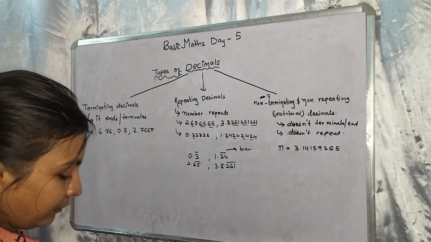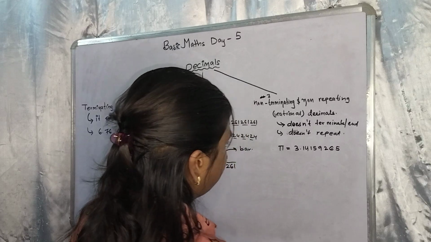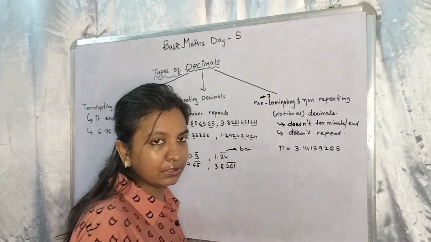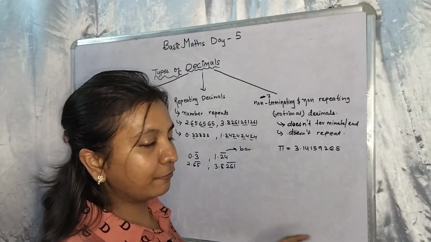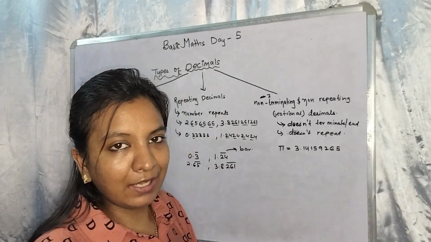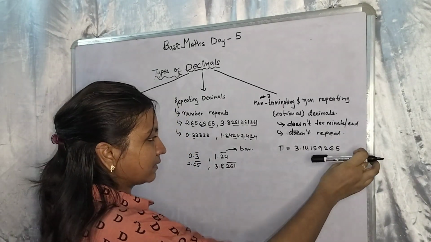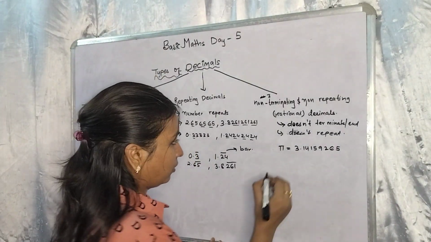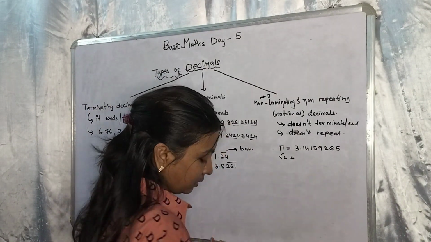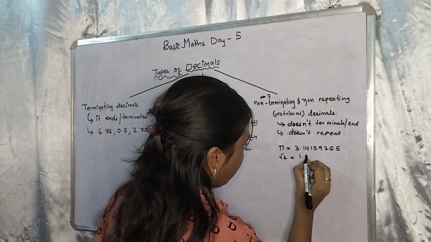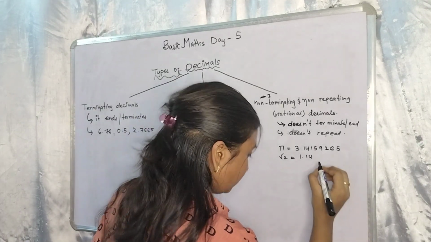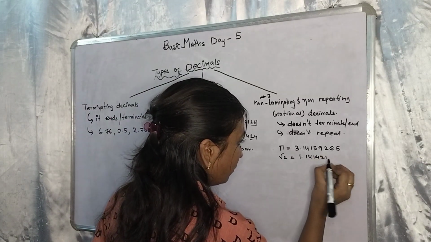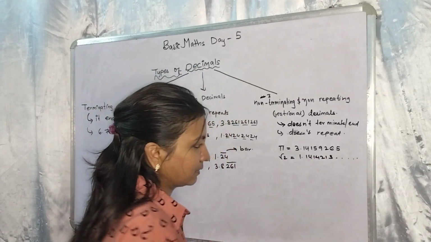See here, this I have ended, but if you find the value of pi in a calculator, then it will not terminate. There are various numbers which will come after this. Or root 2, which is 1.414213 and so on.